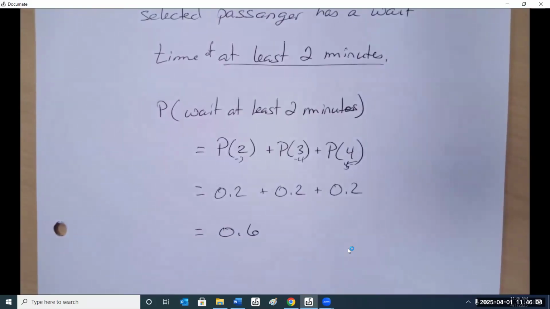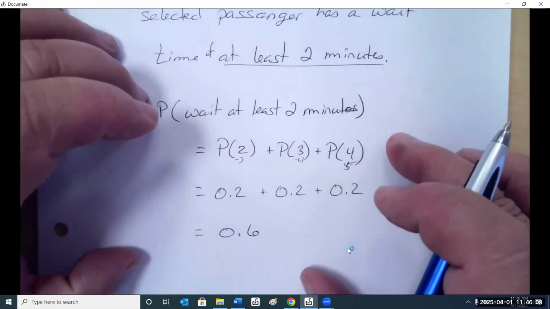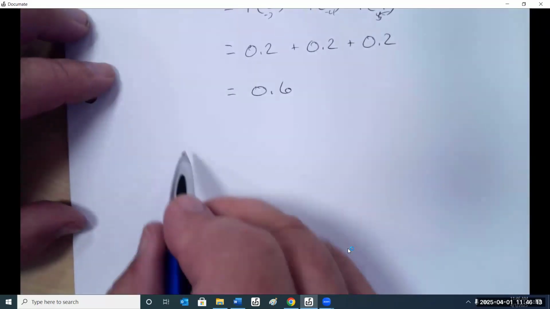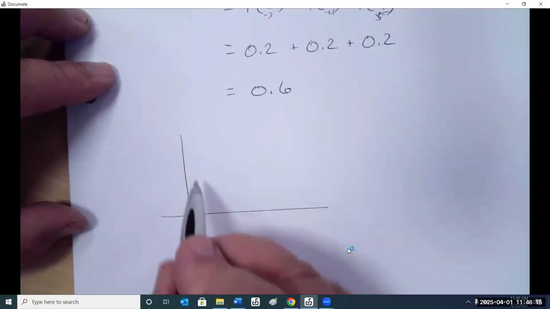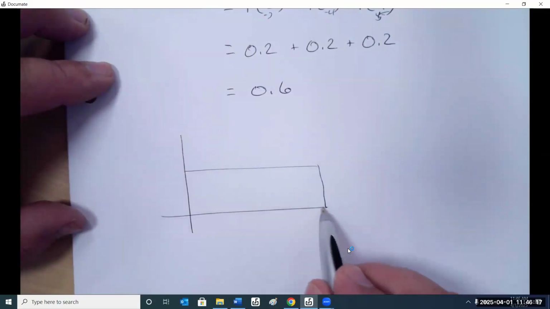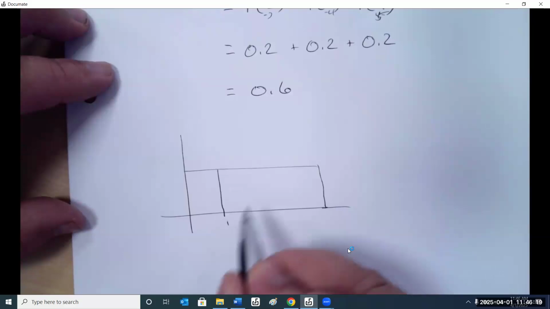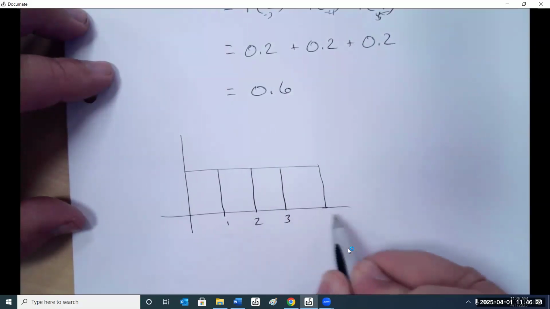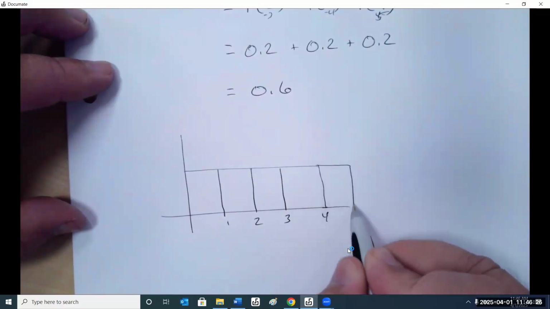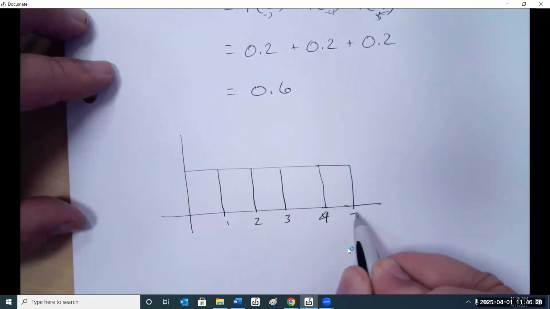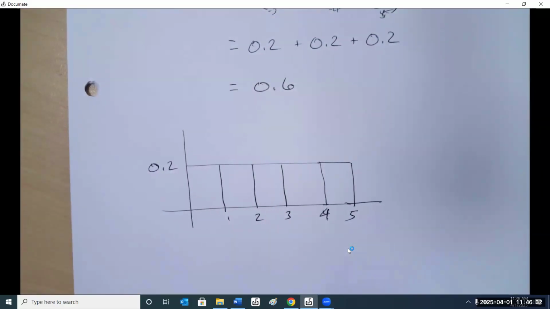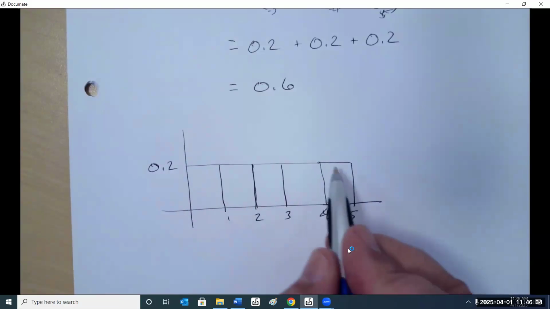But remember, we just talked about this is probability. Probability is the same as what? Probability is the same as area. So we're looking at least 2.